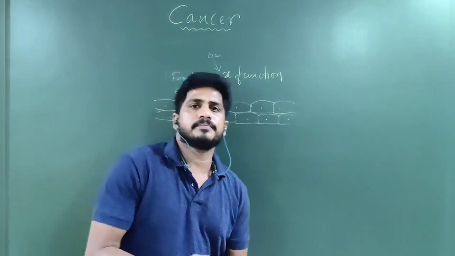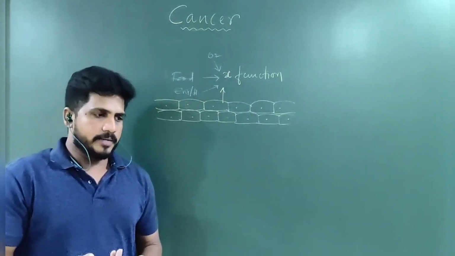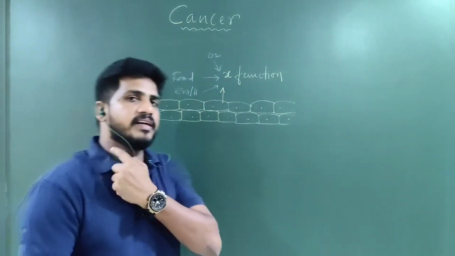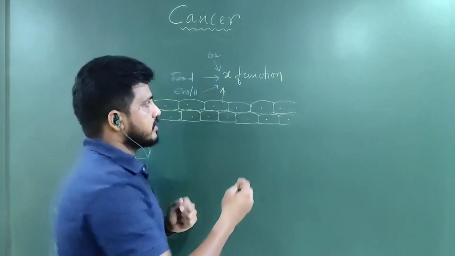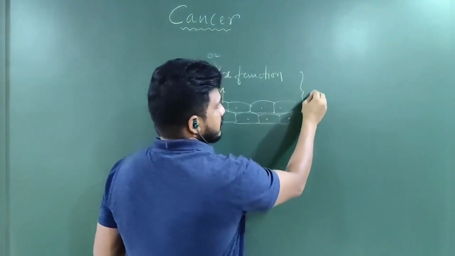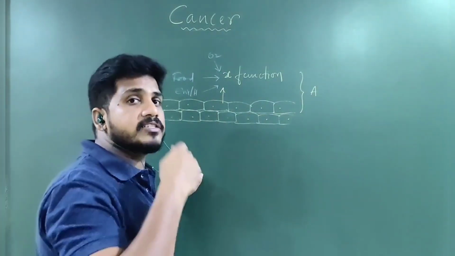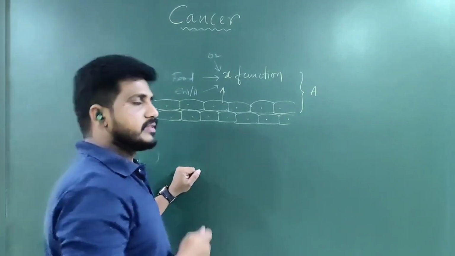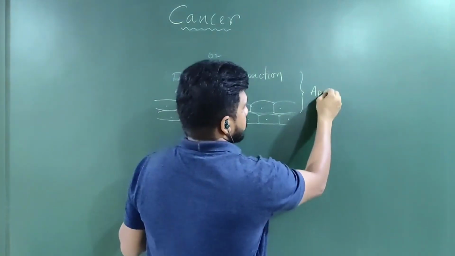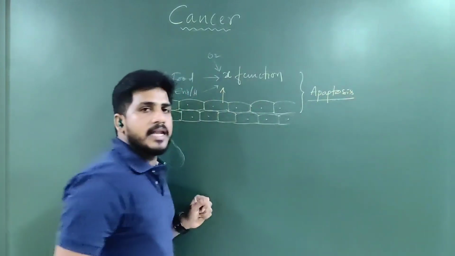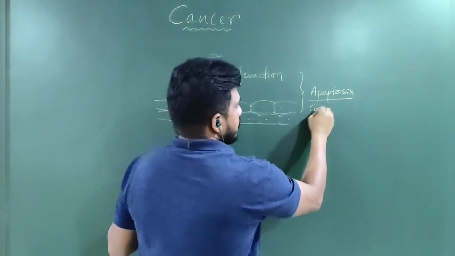Then after some time, nothing but days or weeks or months or years, a particular cell will die and that cell will be replaced. Generally, a normal cell has a capacity to work, and after work it has to die to be replaced. That property is called apoptosis. What is apoptosis? Cell programmed death.